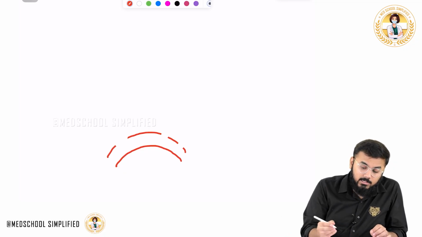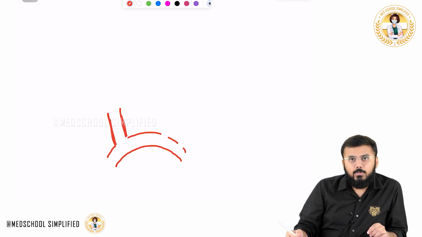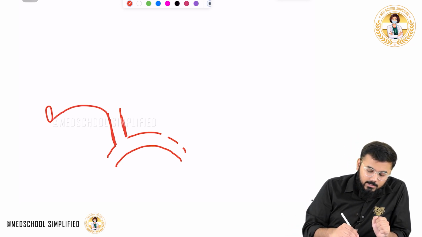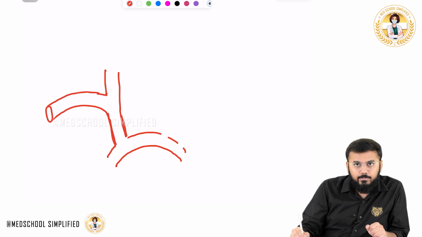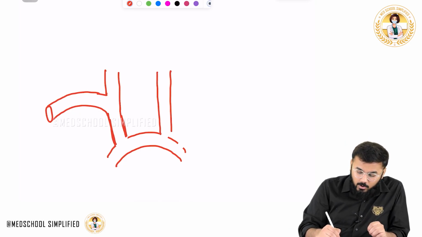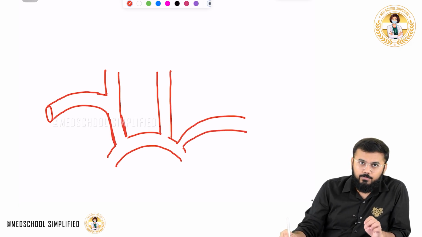The branch located on the right is called your brachiocephalic trunk. This brachiocephalic trunk gives two branches: one is the right subclavian artery, another is the common carotid artery. Even on the left side, directly you have the left common carotid artery and directly the left subclavian artery coming out.